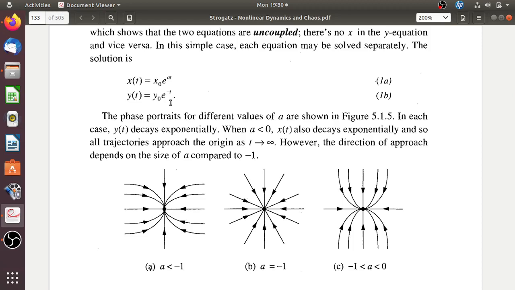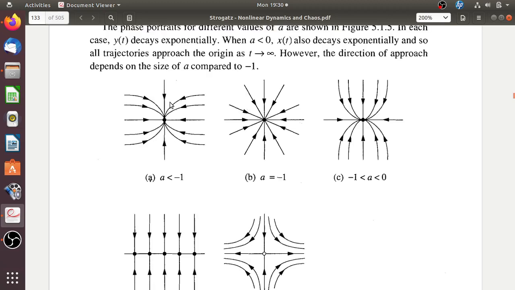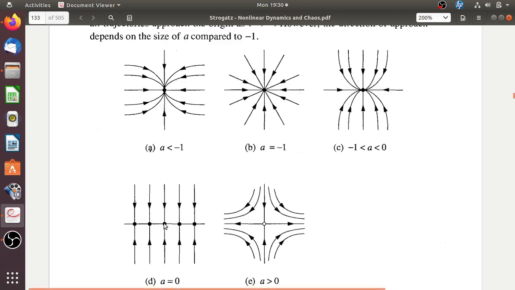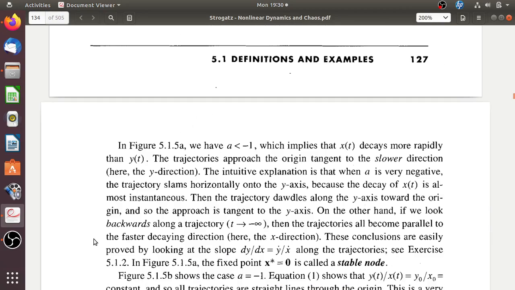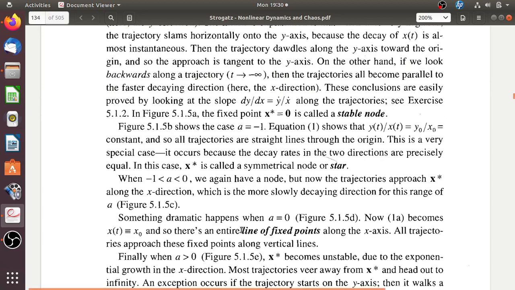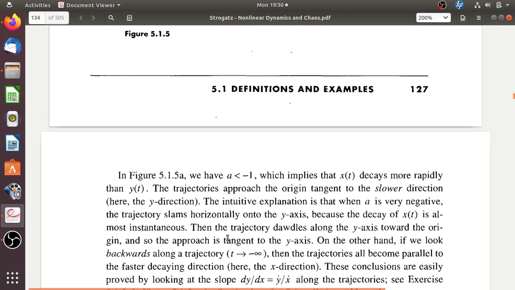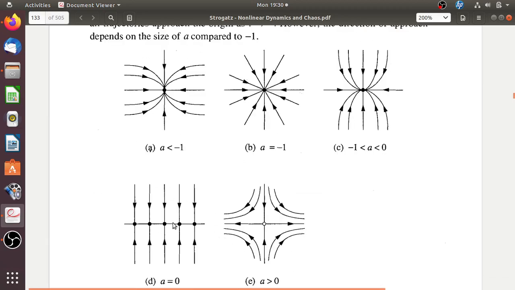If that's the case, then this is what will happen: there isn't any change in x, but the y value approaches the line y equal to 0. This sort of behavior is known as a line of fixed points.